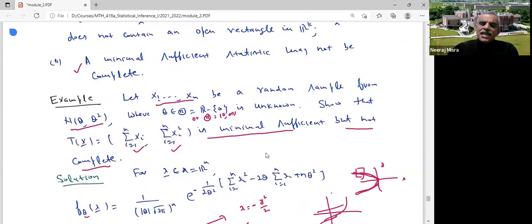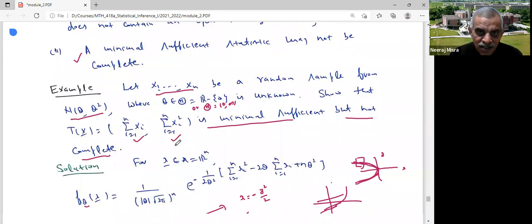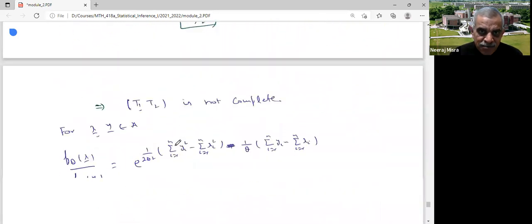That is why, although minimal sufficient, it has not been most successful in reducing the data, because your parameter is one-dimensional, only theta, but your minimal sufficient statistic is two-dimensional. Whereas if it were very successful in summarizing the data, I would have expected that my minimal sufficient statistic is also one-dimensional.